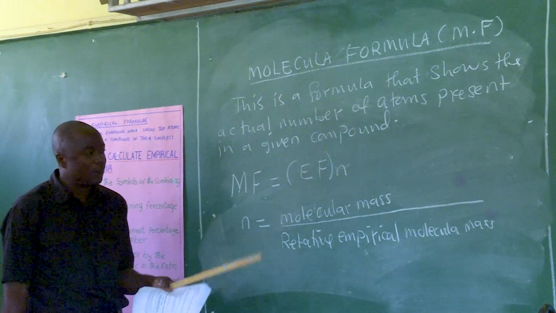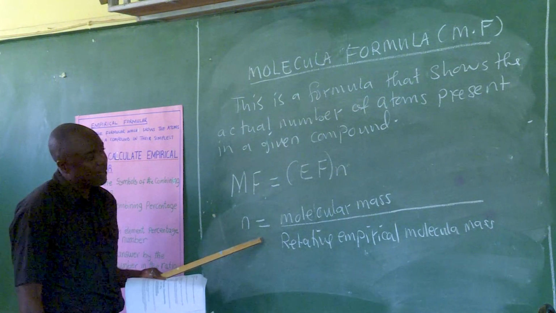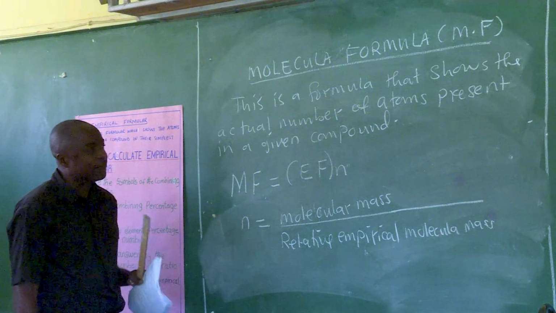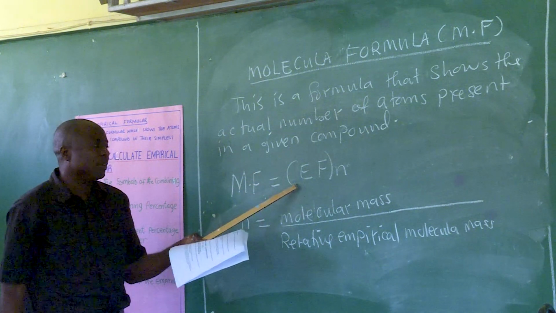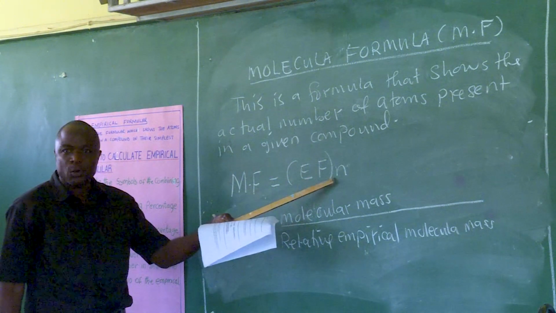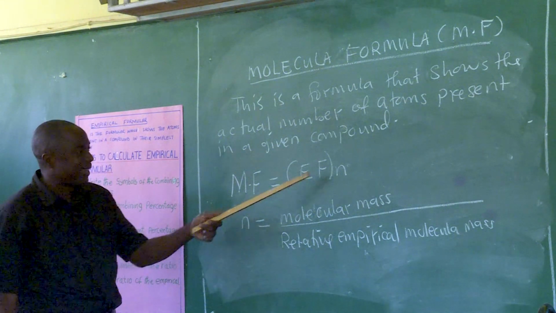Okay, this is what we use to find n. This is how we calculate the molecular formula. Molecular formula is equal to empirical formula multiplied by the multiple whole number n.